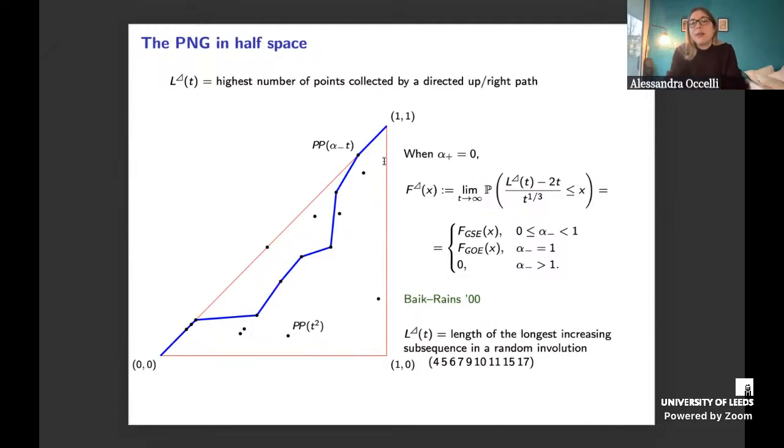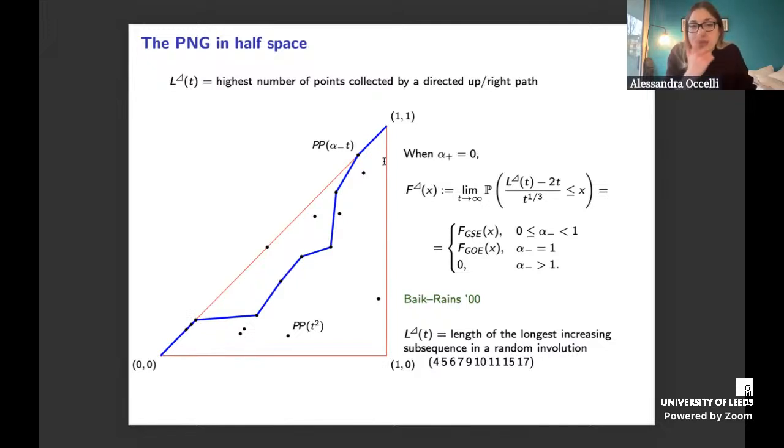When alpha minus is less than 1, the fluctuations will be GSE Tracy-Widom. And when alpha minus is greater than 1, here you don't observe that. Basically, you have to change the scaling. You have to take the square root of t scaling instead of cube root of t, because you will observe Gaussian fluctuations in this regime.